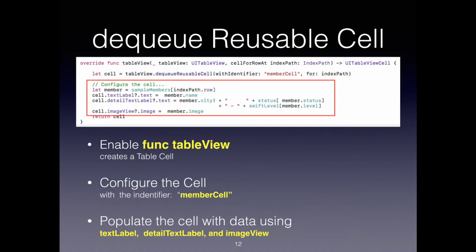In other words, we've taken the member city plus a space plus the member status, which we pick up from the member status. Member status, remember, has got the value, and we're using the status array to pick the string out from that value. And then, of course, we also have a member image.